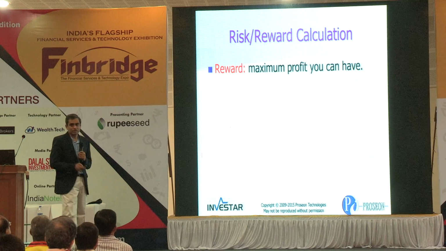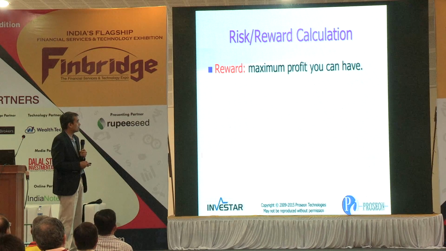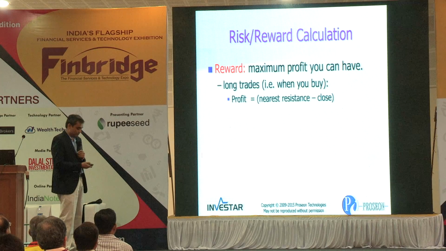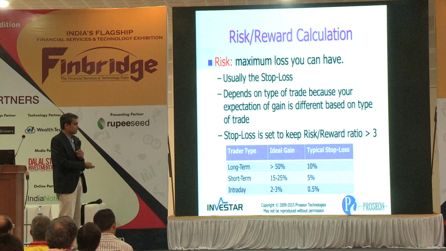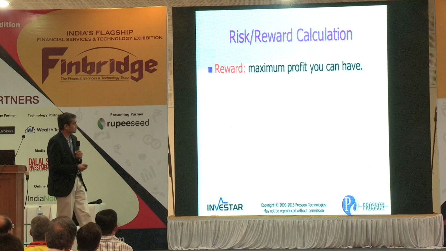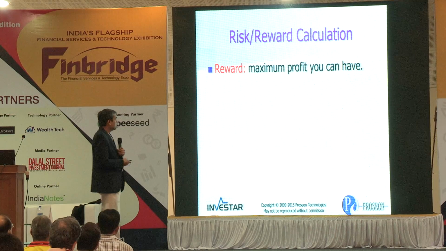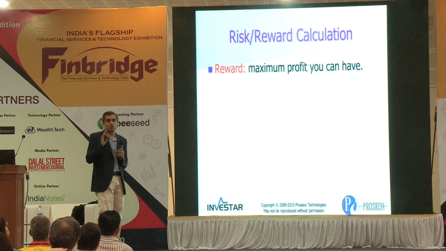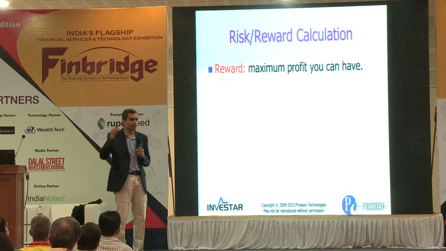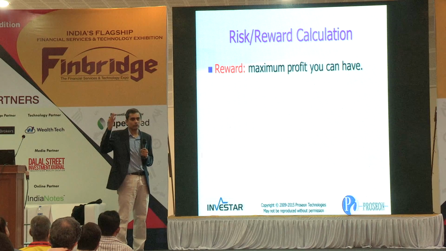One thing is that we need to calculate the reward, which is the maximum profit you can have. This whole thing can actually be configured. But before doing the stop loss thing, let me tell you how the reward is calculated. Now, if you're buying a stock on a breakout or something, what is your target going to be?